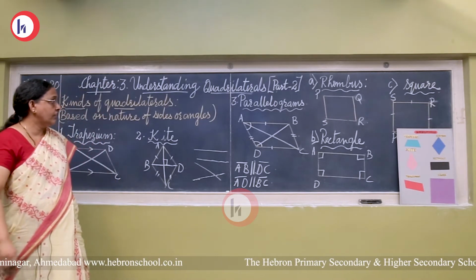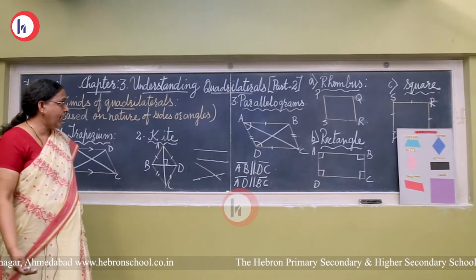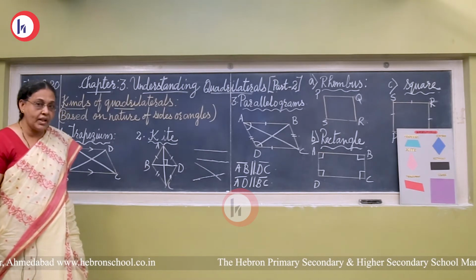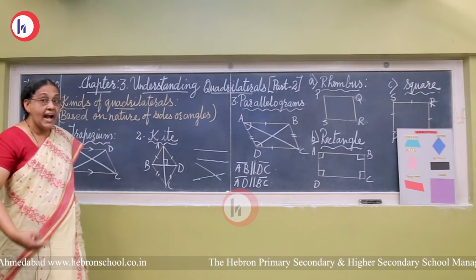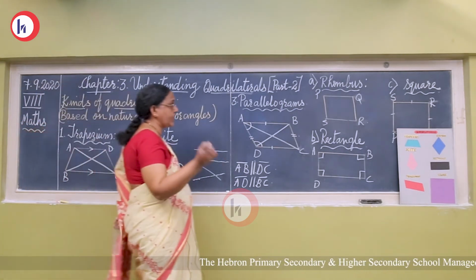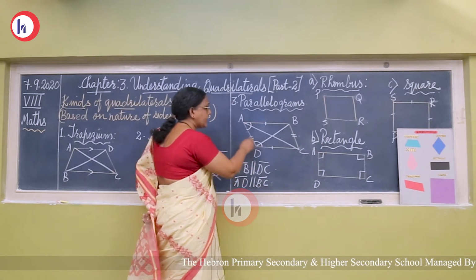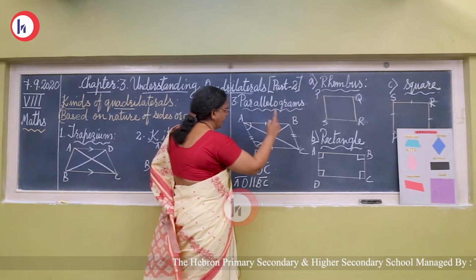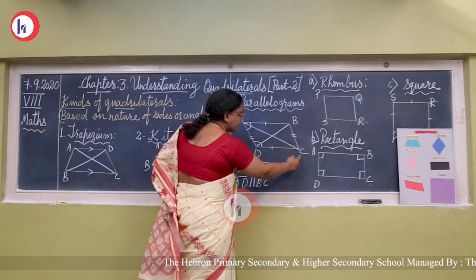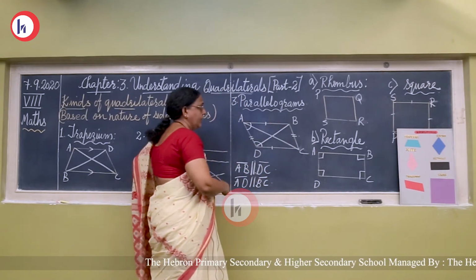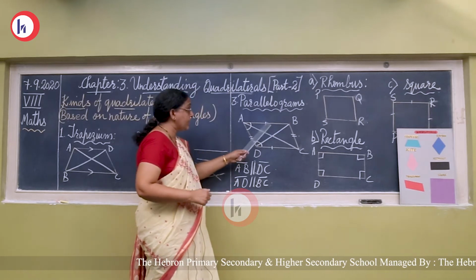So, here the measure of angle A plus the measure of angle D will be 180 degrees because they are adjacent angles. Adjacent angles in total are always supplementary, that is 180 degrees. In the same way, D is supplementary to the adjacent angle C, and angle C is adjacent to angle B. We can say the same for adjacent sides.